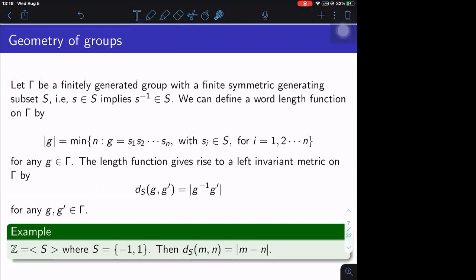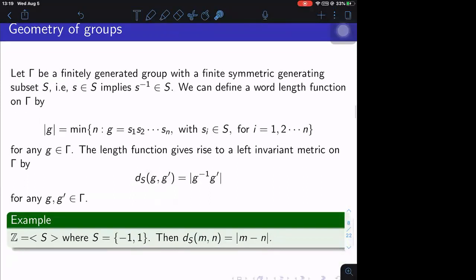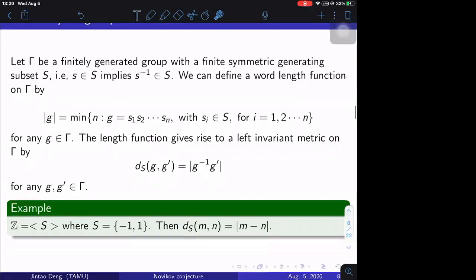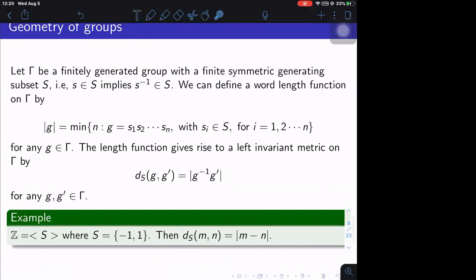A good example is the integer group. This is an abelian group, and the generating subset is given by -1 and 1. In this case, the metric is just the absolute value of the difference for any pair of integers.